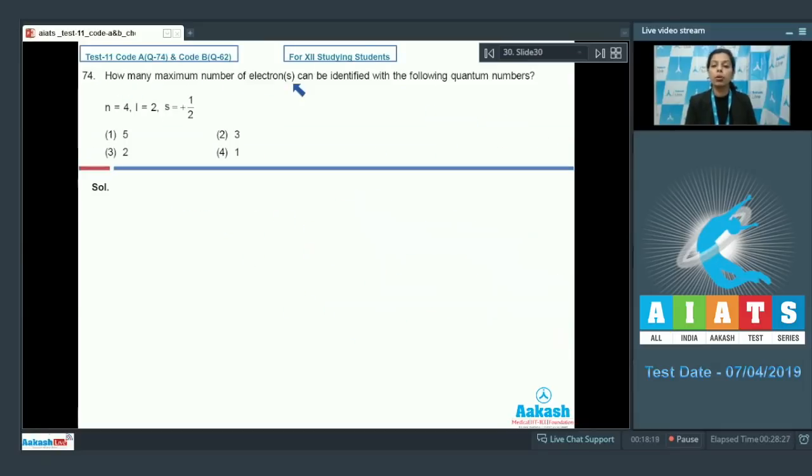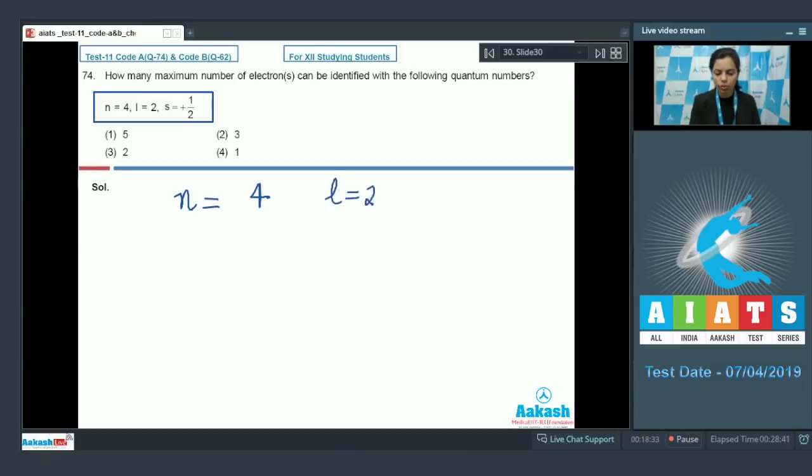How many maximum number of electrons can be identified with the following quantum numbers? In this case, you will see 3 quantum numbers are given. The n value is 4, the L value is 2. These are representing the 4d orbital.